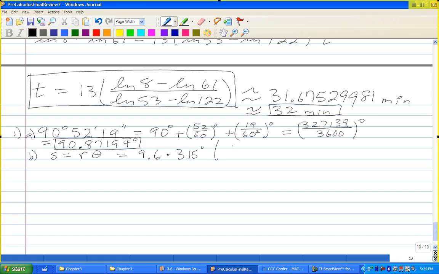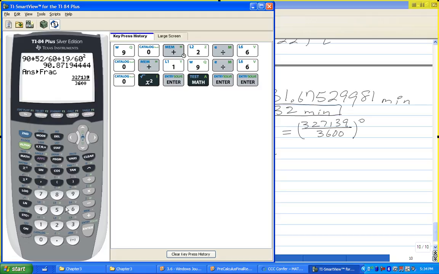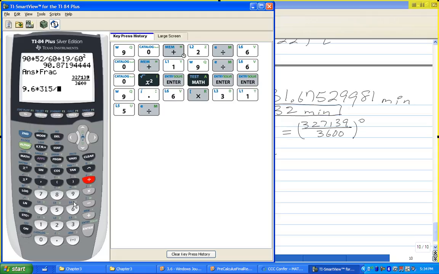There are pi radians in 180 degrees. Okay, and so let's do that. So it's 9.6 times 315 over 180.